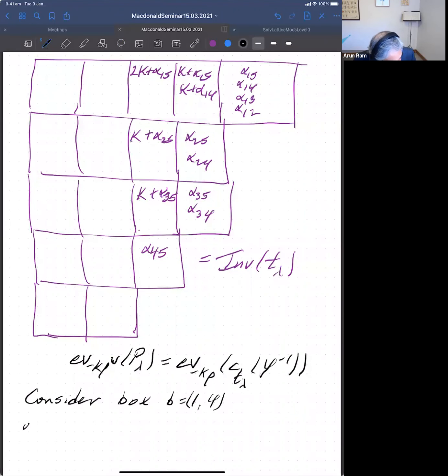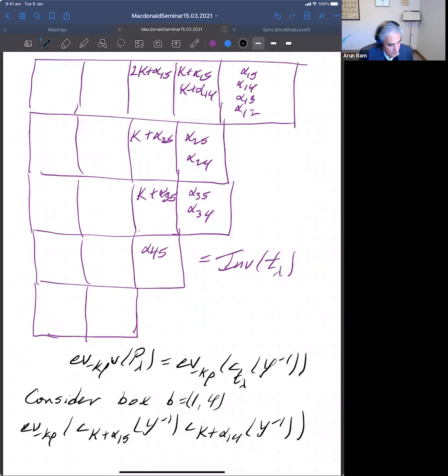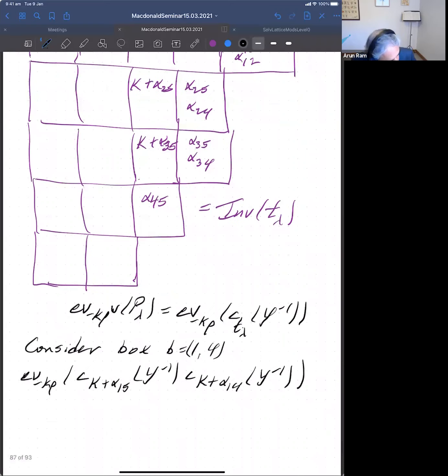So that means I have to do evaluation minus k rho, and then I'll have the C function of k plus alpha 1, 5 at y inverse times the C function of k plus alpha 1, 4 at y inverse. And now I can just start to compute.